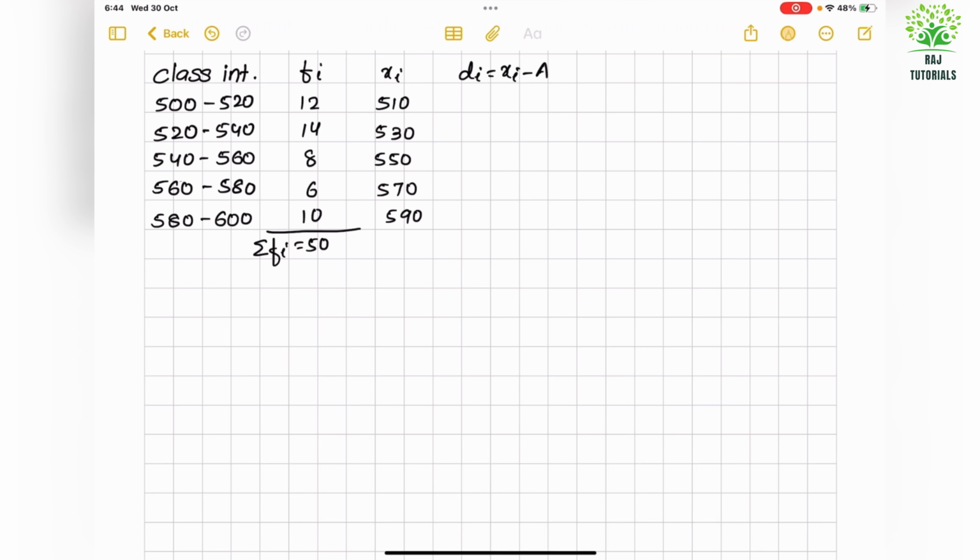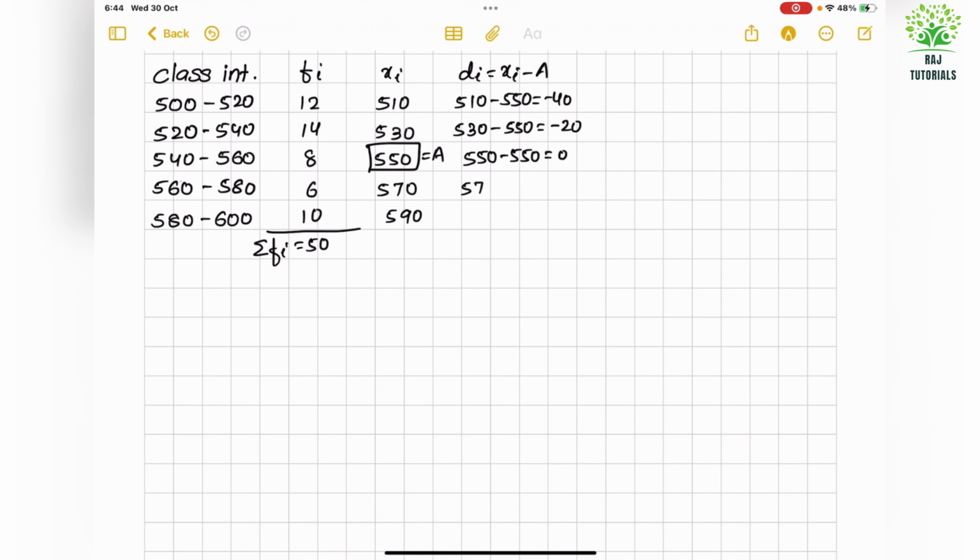So I will need to select one value, so let me select the central value only as a. So 510 minus 550, so that will be minus 40. 530 minus 550, so that will be minus 20. Then 550 minus 550 will be 0.